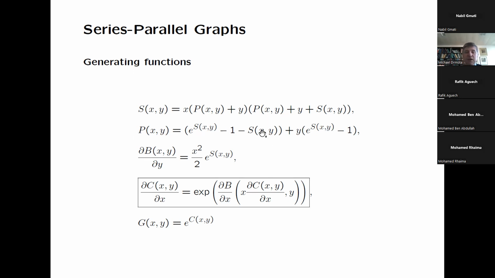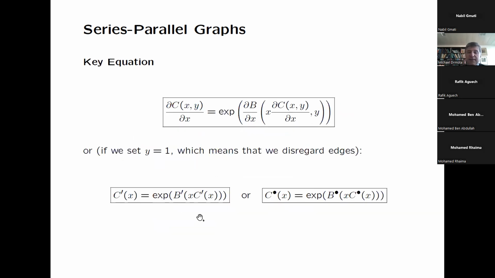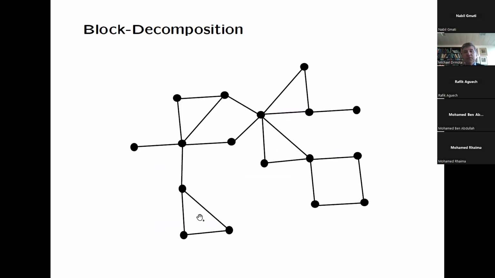And from the network, you can get the two-connected version by just selecting one edge. Therefore, you need the edges. But the core of this combinatorial decomposition is this equation here that I want to explain a little. And what does it mean? So it's related to the so-called block decomposition.